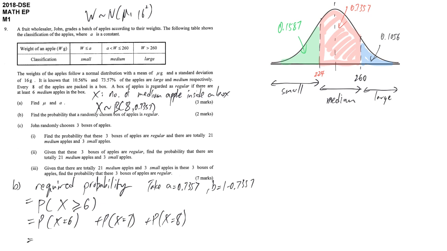And then to get exactly 6 medium apples among 8, we choose 6 successes, so A power 6, fail 2 times. Next one, 8C7, success 7 times, fail 1 time. Last one, 8C8, success all 8 times, fail 0 times. Then we get the answer 0.642619261.